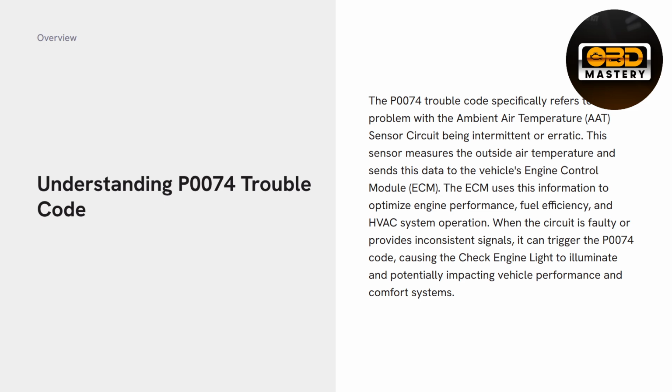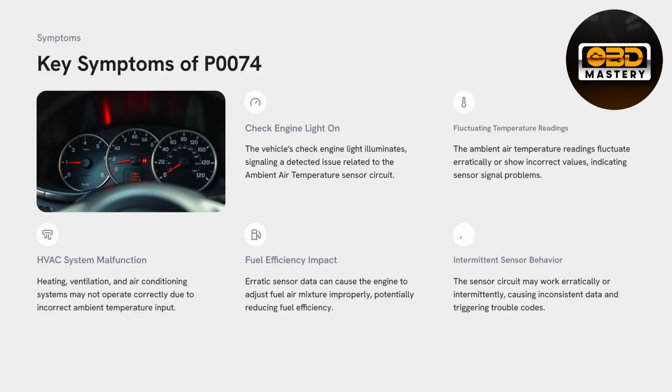The ECM uses this information to optimize engine performance, fuel efficiency, and HVAC system operation. When the circuit is faulty or provides inconsistent signals, it can trigger the P0074 code, causing the check engine light to illuminate and potentially impacting vehicle performance and comfort systems.